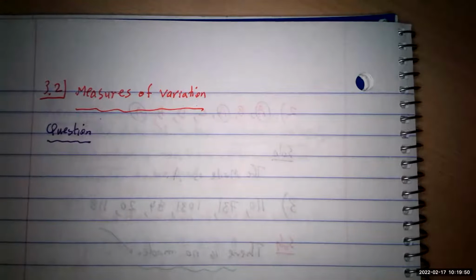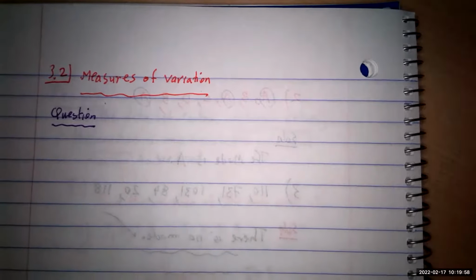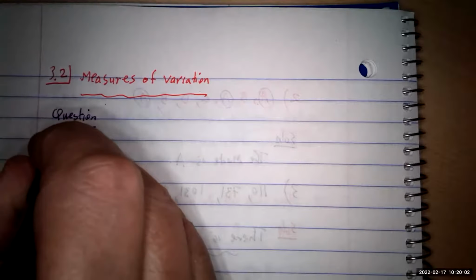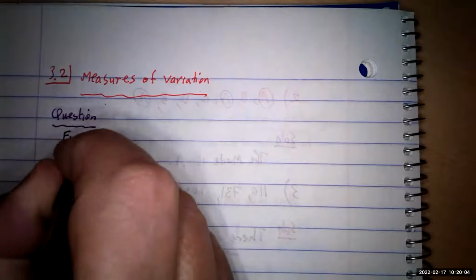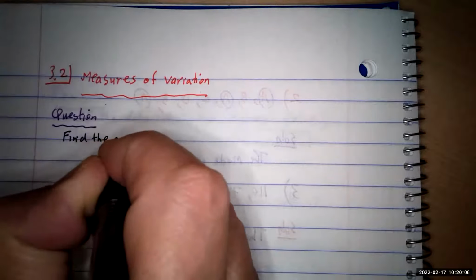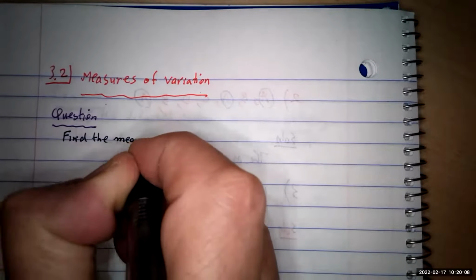The question is, we are going to consider 2 basketball teams. The first starting 5 players, and we would like to compare their heights together, okay? So suppose this problem is given to you. You've been asked to find the mean, just to motivate the subject.